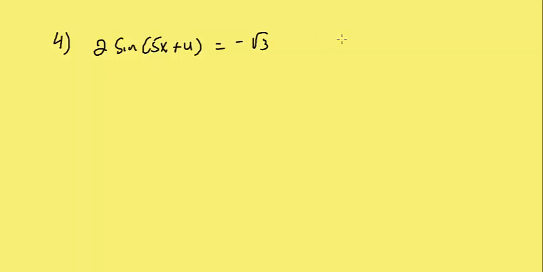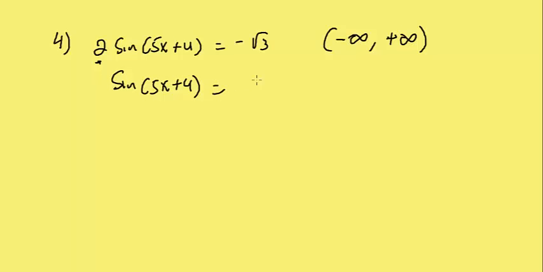There is no domain restriction here; the domain is really negative infinity to positive infinity. If there's no domain restriction, then you're going to write the answers a little differently. But first things first, we're going to divide everything by 2. So I have sine of 5x plus 4 is equal to negative rad 3 over 2.